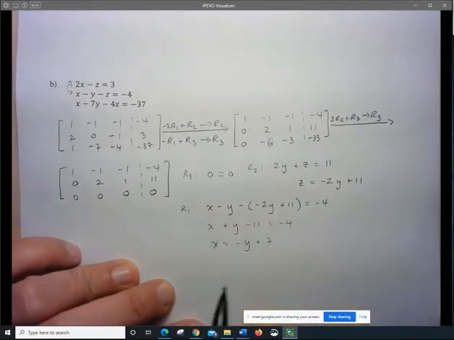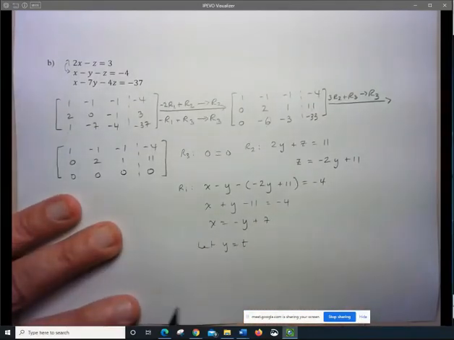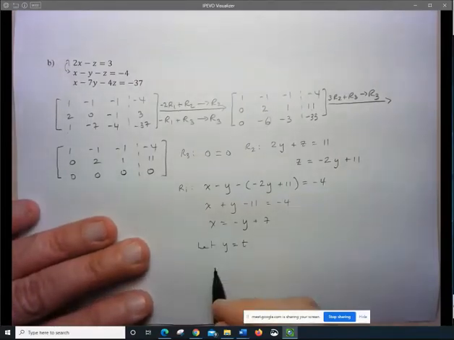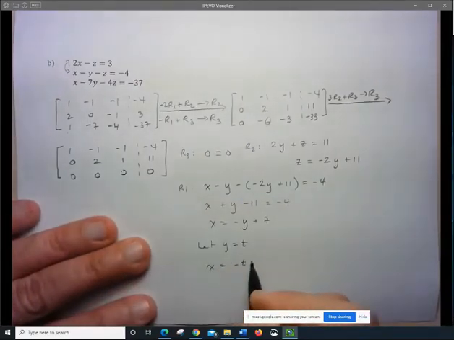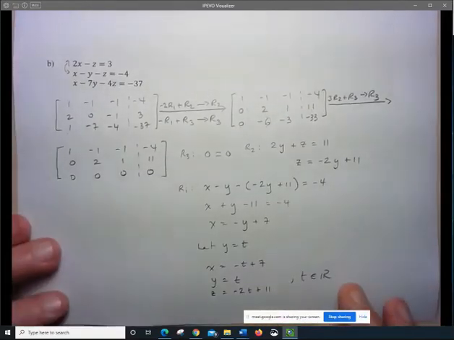And so like before, I'll let y equal t, and the solution to my system of equations is going to be x equals negative t plus 7, y equals t, and z equals negative 2t plus 11, where t is all real numbers. Okay?